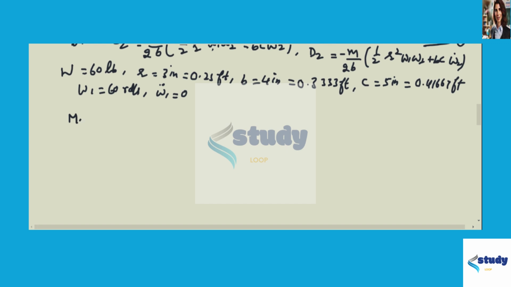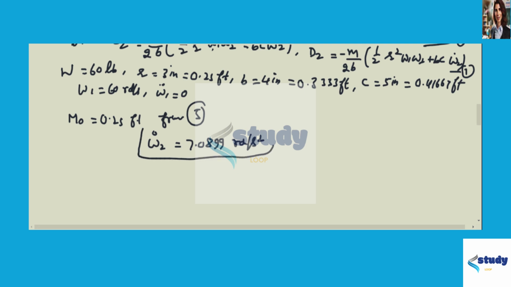Since M o is given as 0.25 foot-pound, from equation 5, after substituting all these parameters, omega dot 2 you will get 7.0899 radian per second square.